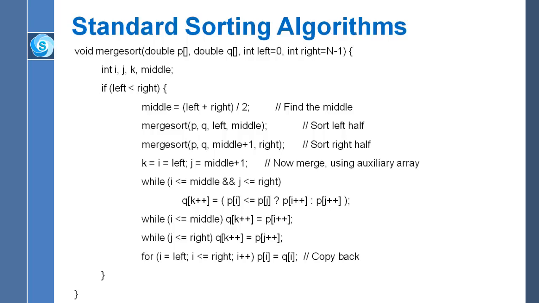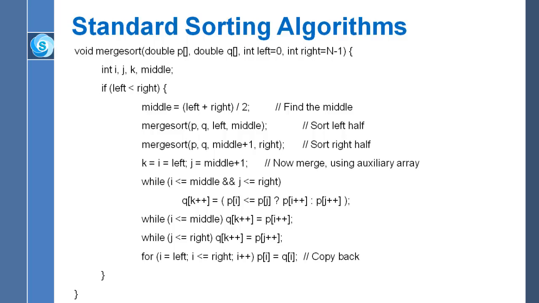So that's why j was set equal to middle plus 1, because the leftmost part of the right subarray begins at middle plus 1. Okay, so that's where we want j to begin. All right, i is going to be used to scan the left half, j is going to be used to scan the right half, and k is going to be used as an index into the auxiliary array where we want to copy everything. Okay?